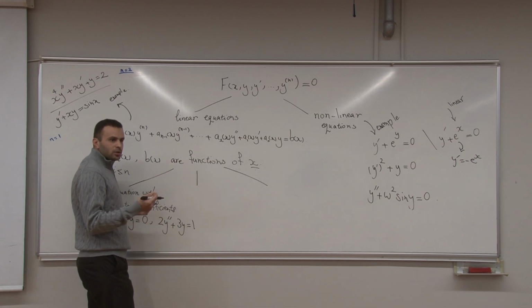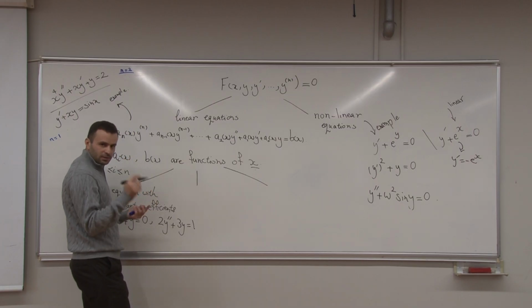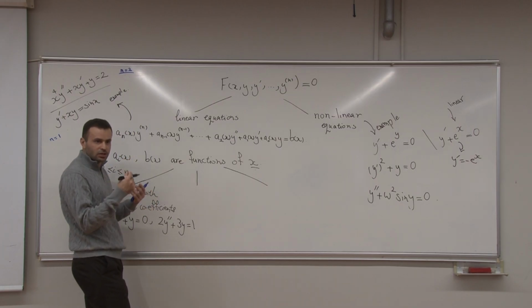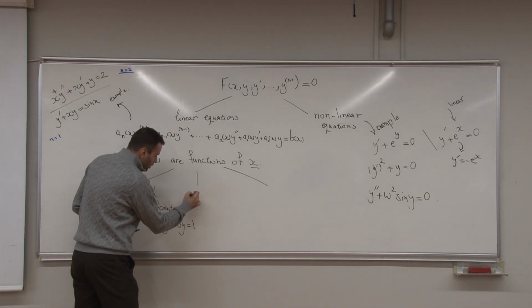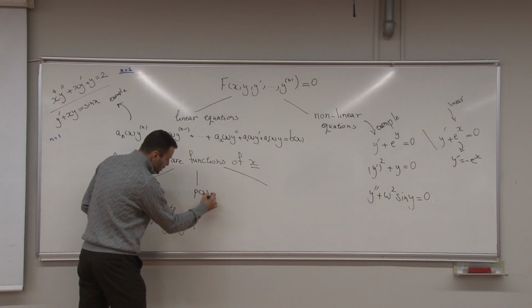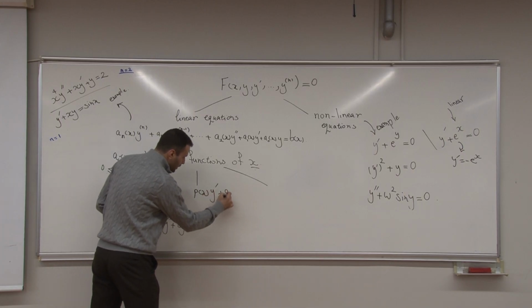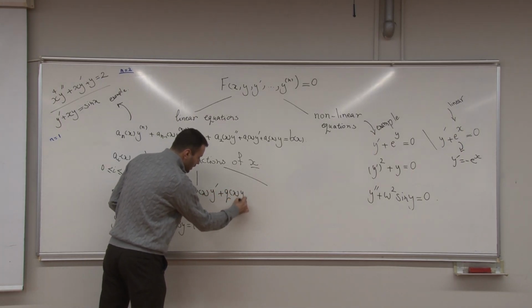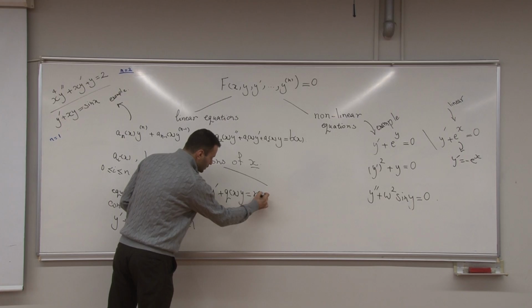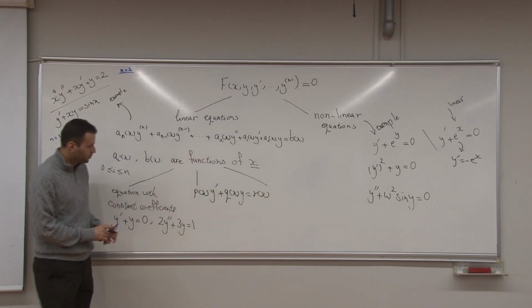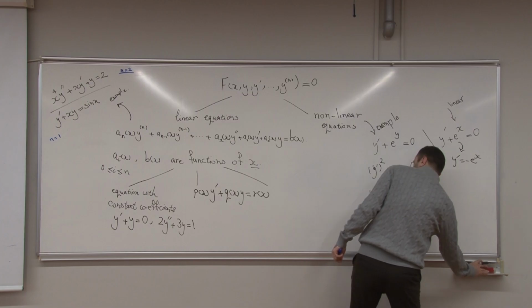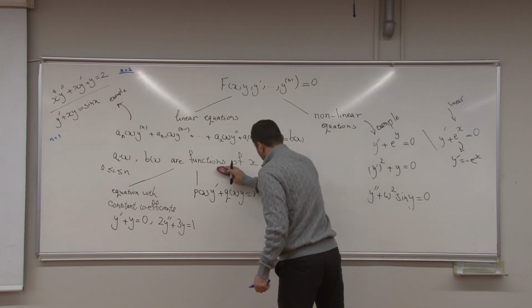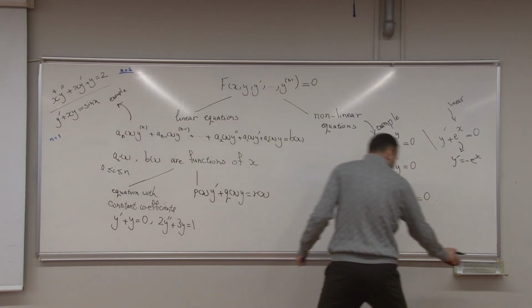The general form of a first order differential equation which is linear is like this. Let's write it as P of x y prime plus Q of x y equal to, let's call it R of x.